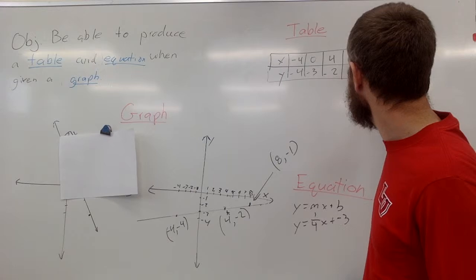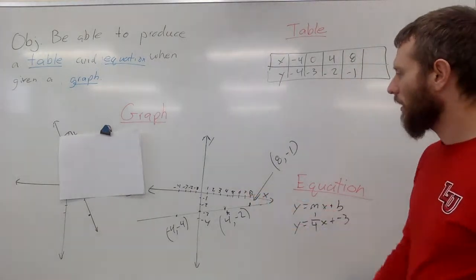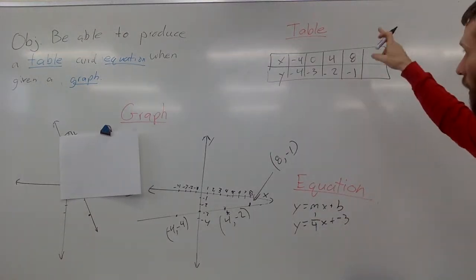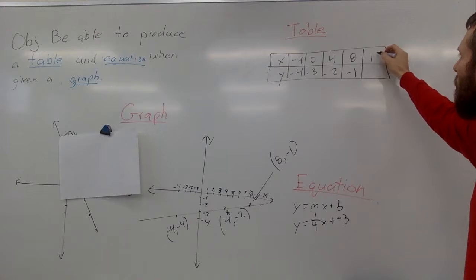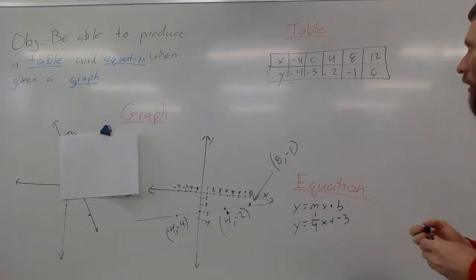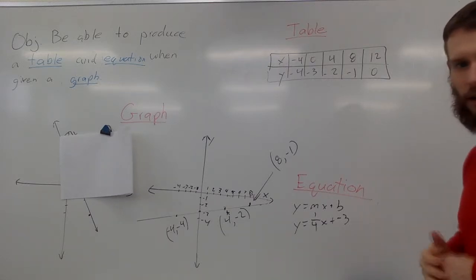It's going to be (8, -1), right? I can't see another one on here, but you can probably guess. The x-values are increasing by 4 each time, so this would be 12. The y-values are increasing by 1, so this is going to be 0. And now I have my table.